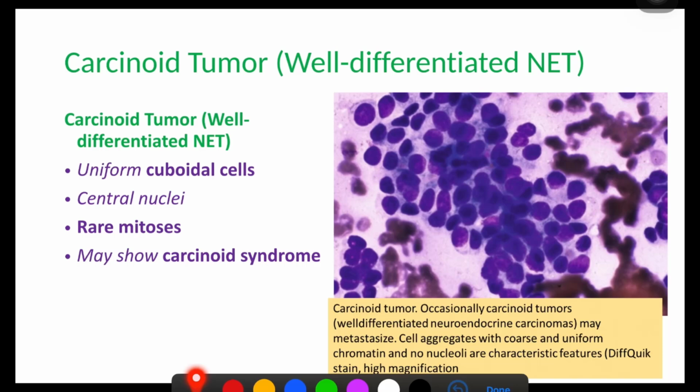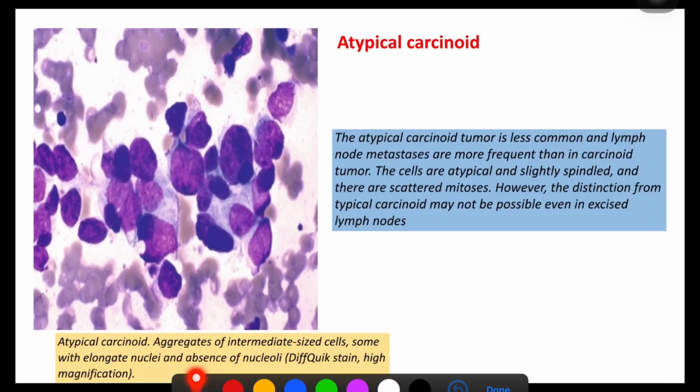These are cellular aggregates with coarse and uniform chromatin, which is characteristic of carcinoid.